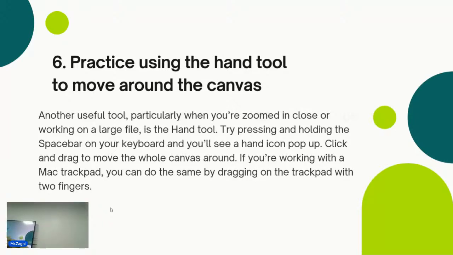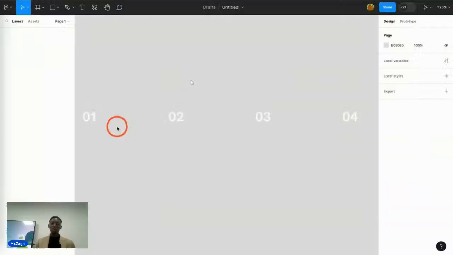So this is your frame, right? So click on space and hold. Okay, hold on. Press and hold the space bar on your keyboard and you see an icon pop out. Click and drag to move the whole canvas.